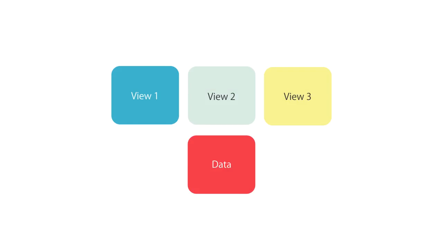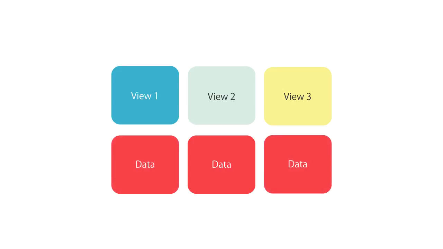However, it can be a problem when you have multiple views that are working with the same piece of data and do not have a parent-child relationship. In these situations, we often have multiple copies of the same data that are independent of each other. So when a view updates a model, we need to do some extra work to keep the other views in sync.